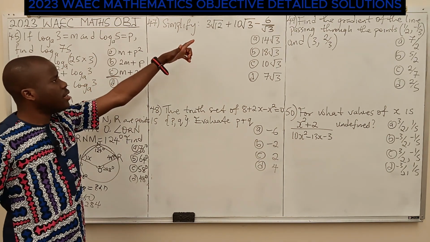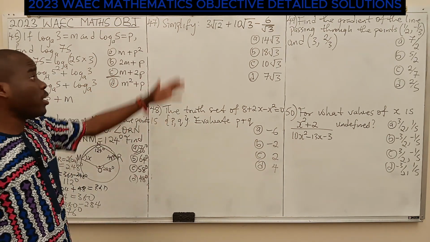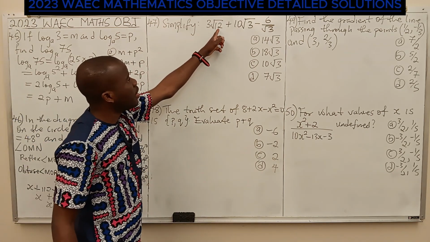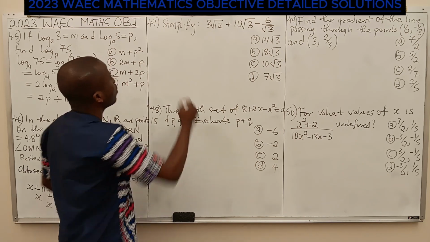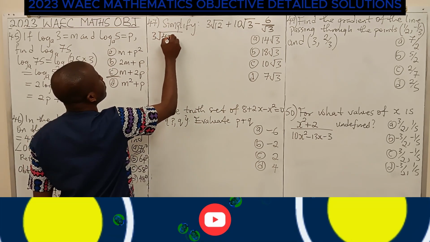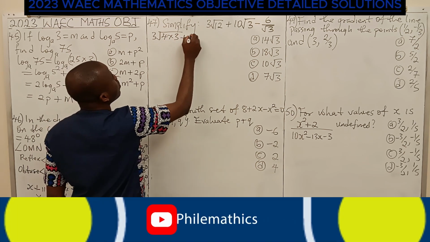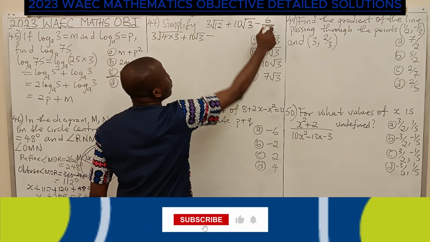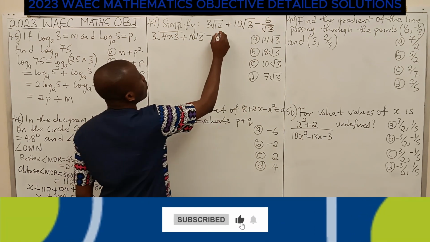Simplify this surd expression. We'll put those in root 3. So this is 3 root of 4 times 3 plus 10 root 3 minus 6 over root 3; we can multiply denominator and numerator by root 3.